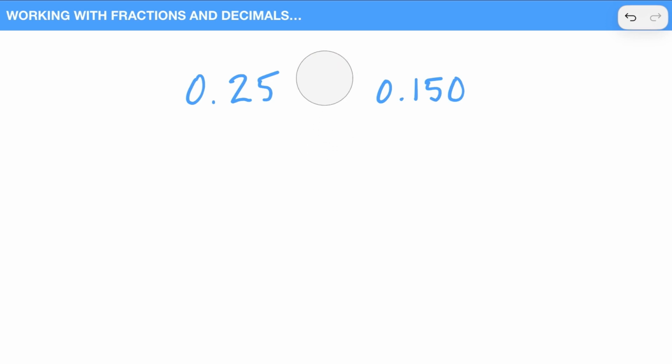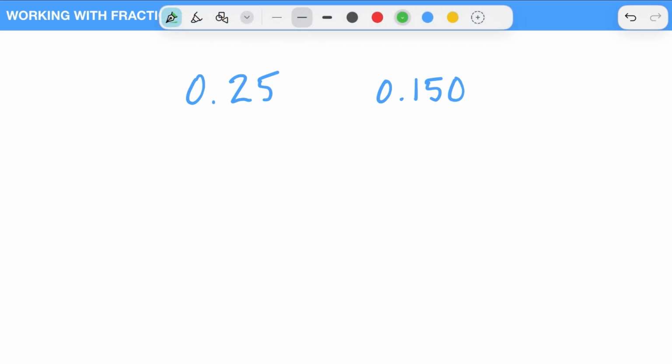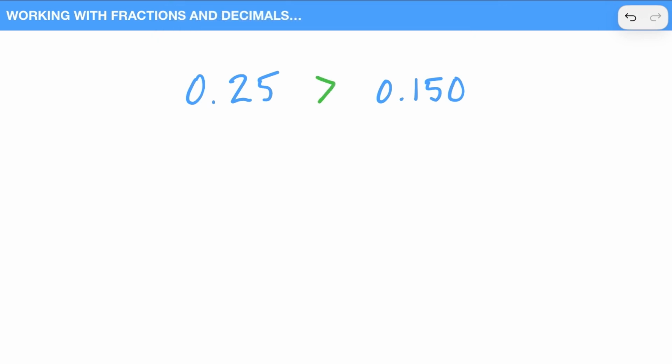The answer is that 0.25 is bigger than 0.150. Now that might be counterintuitive because 150 is certainly bigger than 25, but we're working with decimals right now. And what you need to do when comparing the sizes of decimals is only worry about the closest place value to the decimal. 2 in this case is bigger than 1, and so 0.25 is going to be bigger than 0.150.